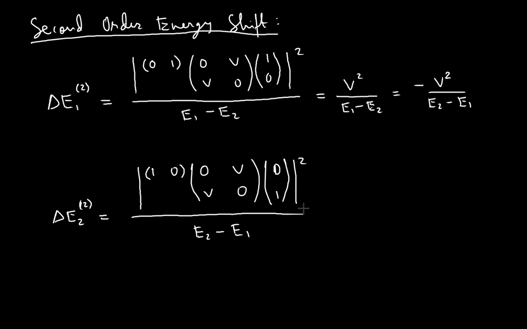If you do the calculation you will see that the result is just V square divided by E2 minus E1. Okay, now let us consider all of them together.